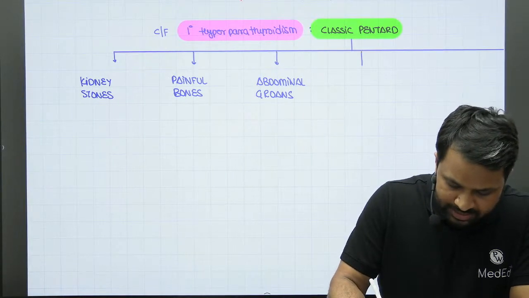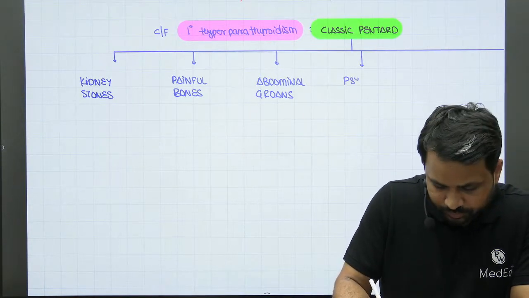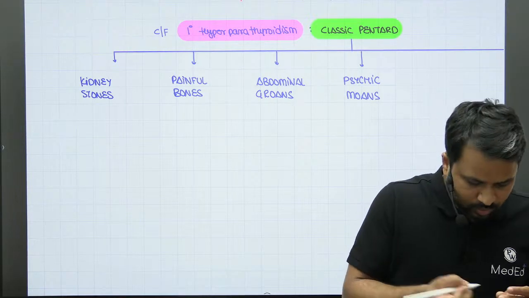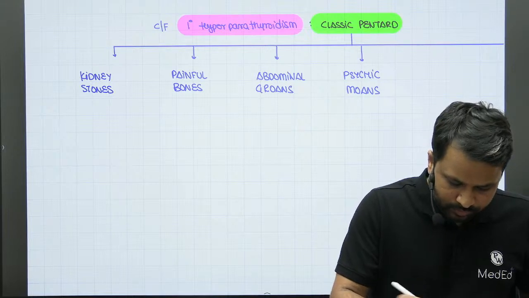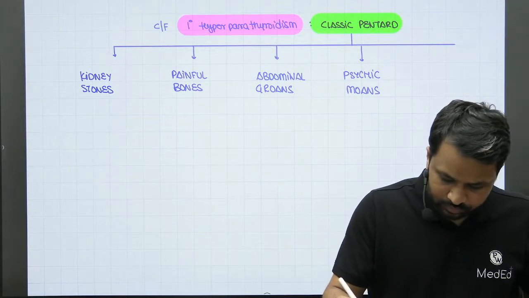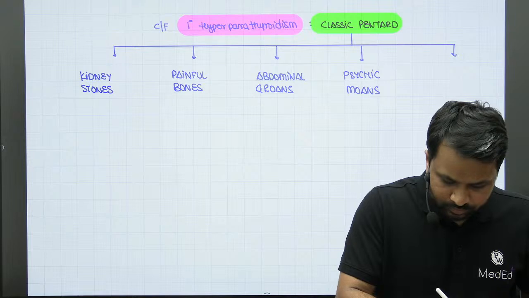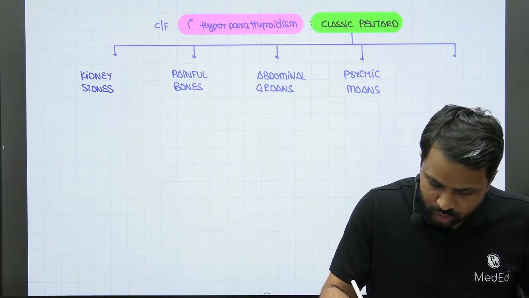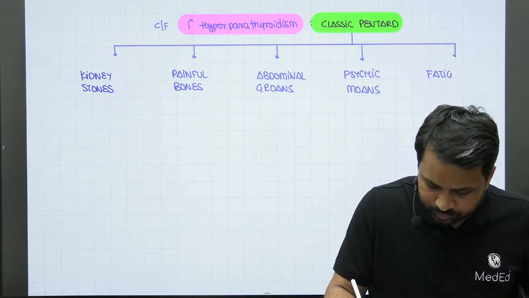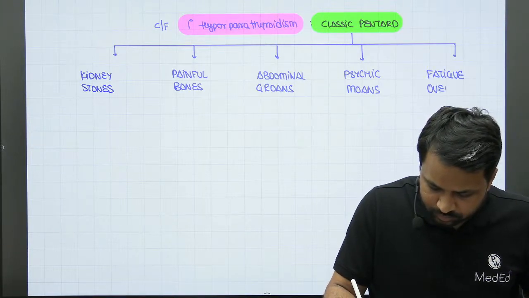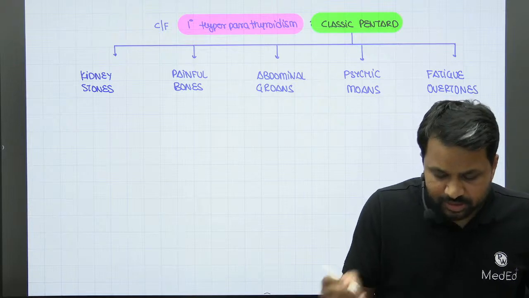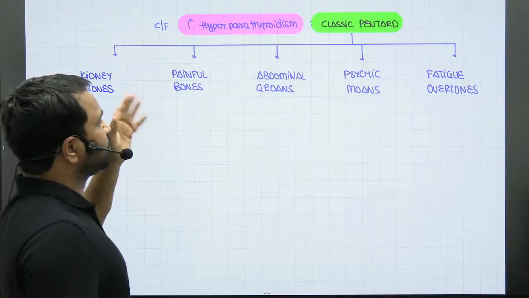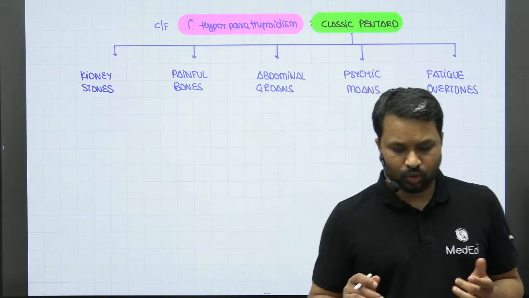Then you have psychic moans and fatigue overtones. So these are the symptoms which are considered a classical pentad. You have the kidney stones, the painful bones, the abdominal groans, the psychic moans, as well as the fatigue overtones, right?